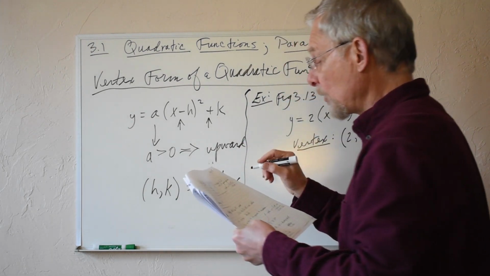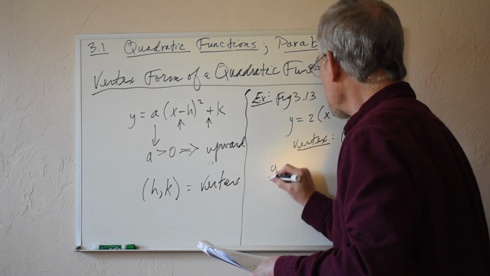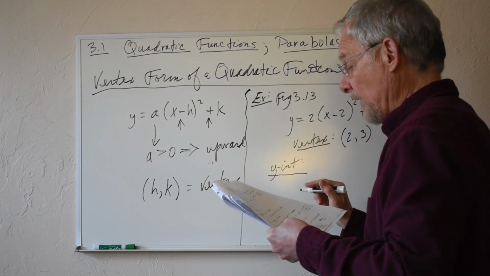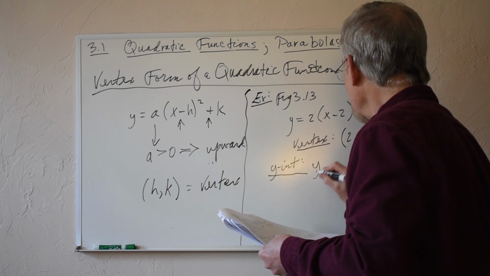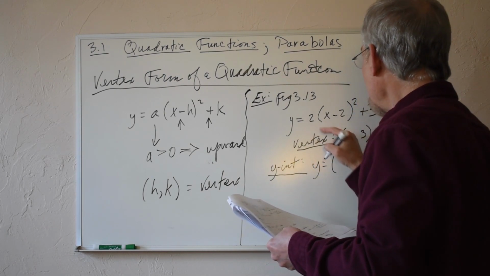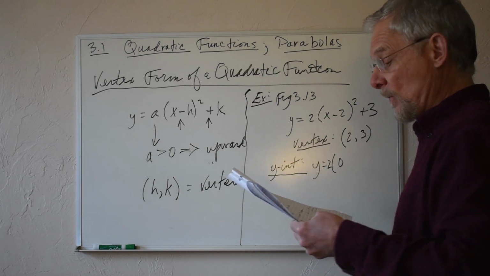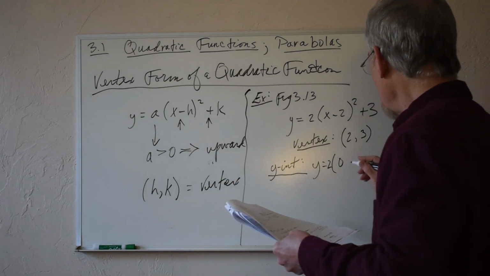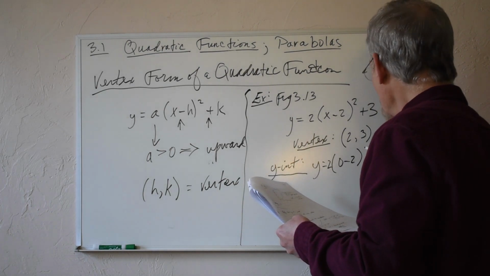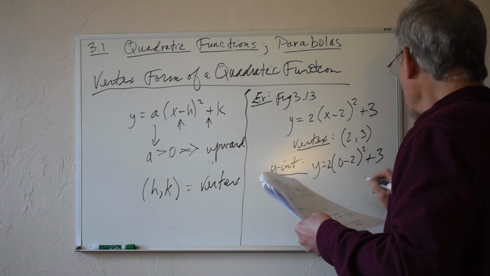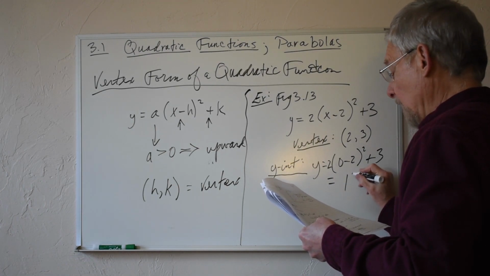And the y-intercept, well, I have to do algebra to figure that out. I take my equation here, replace x with 0 to find the y-intercept, and calculate the result. And it turns out to be 11.